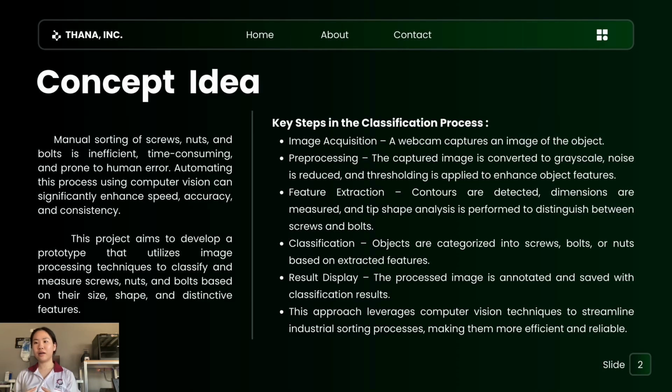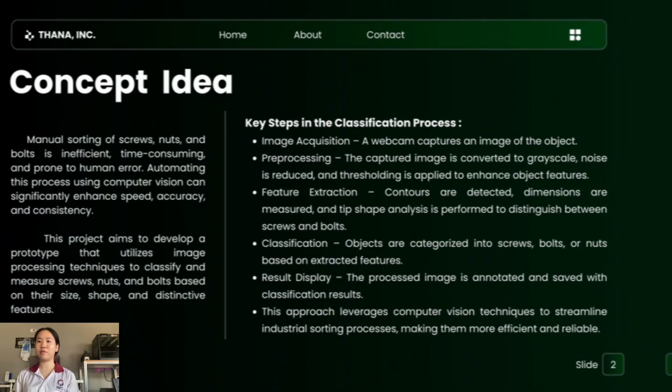Classification: objects are categorized into screws, bolts, or nuts based on extracted features. Result display: the processed image is annotated and saved with the classification result. This approach leverages computer vision techniques to streamline industrial sorting processes, making them more efficient and reliable.